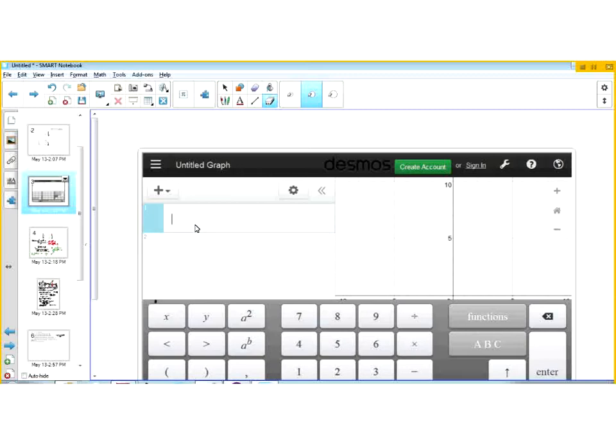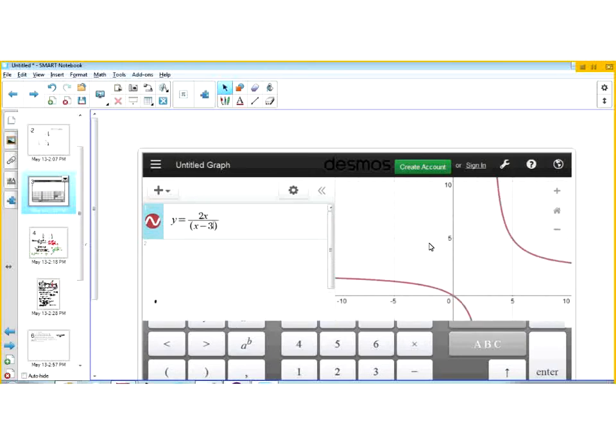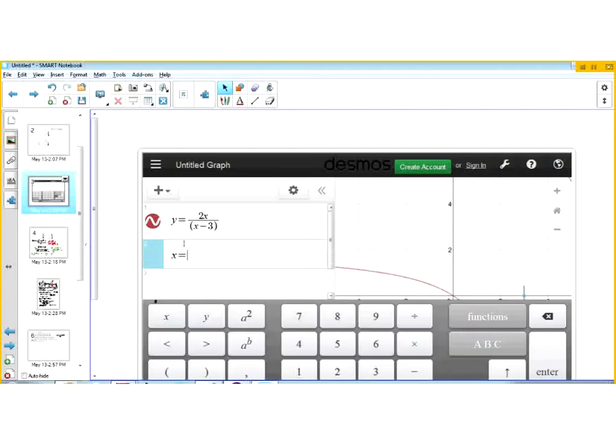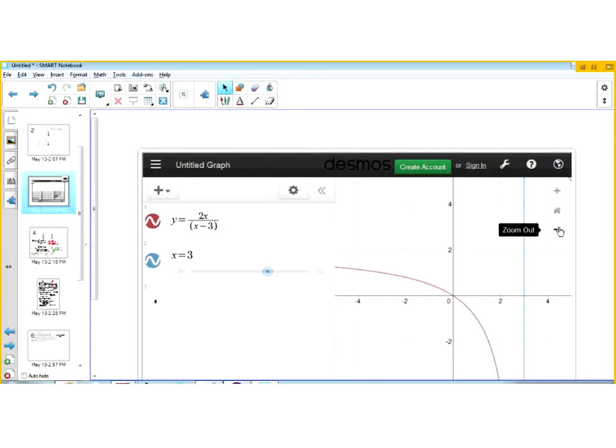So let's consider y is equal to 2x divided by x minus 3. So in this case, we have a vertical asymptote at x equals 3. So let me just go ahead and draw that. x equals 3 is a VA.